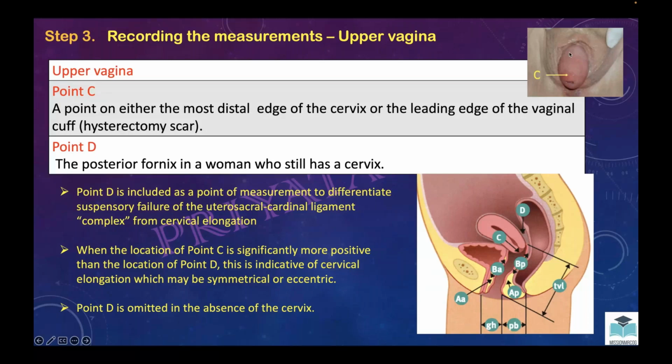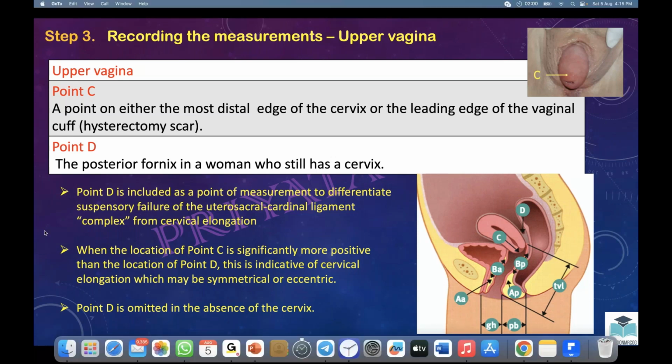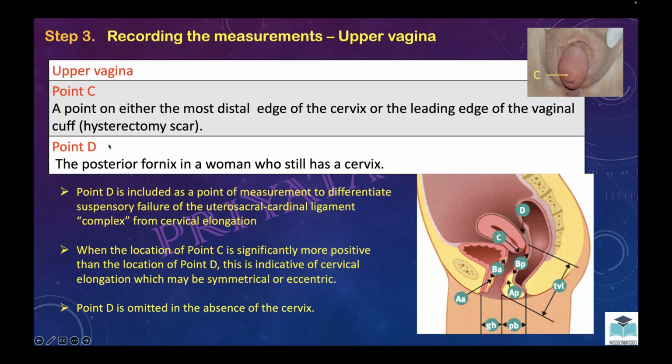Okay. And D is the posterior fornix, but posterior fornix is already there when the patient has a cervix. If the cervix has been removed in a hysterectomy, then there will be no point D. Okay. Now point D, what is its significance?